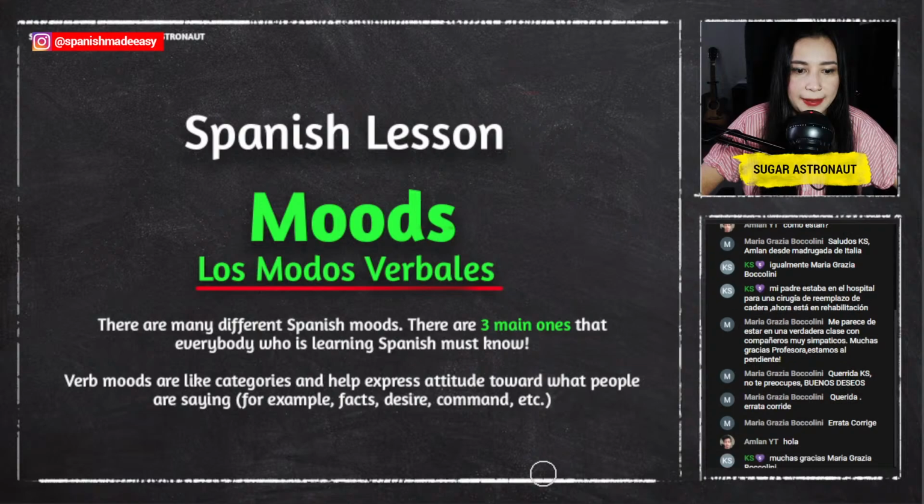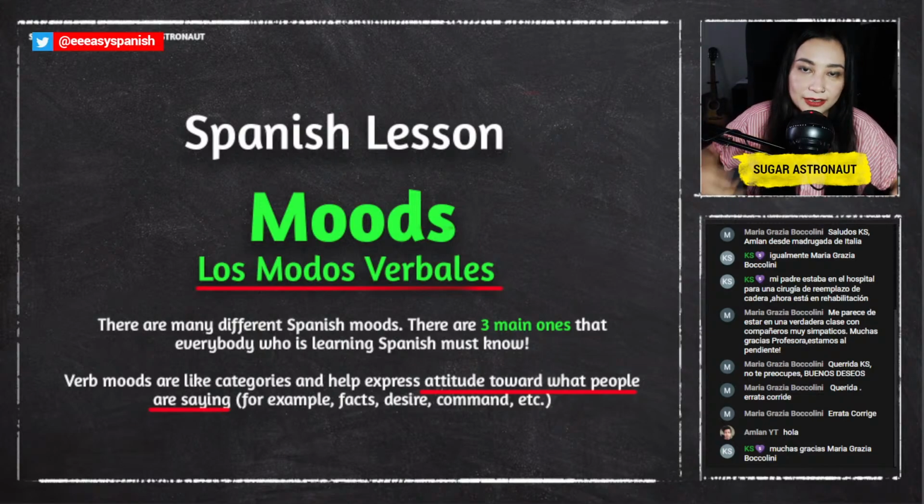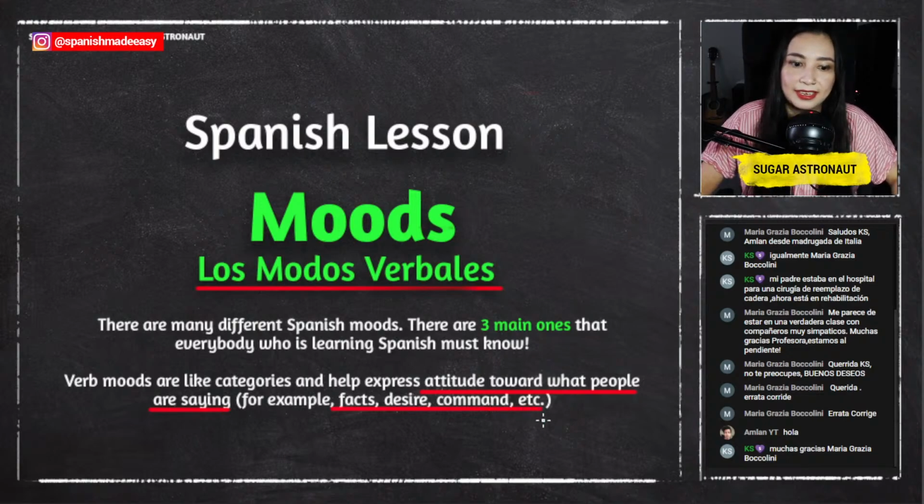So, do you know what verb moods are? What are we talking about? Well, moods are like categories, and they help you express attitude toward what people are saying. So it's pretty much just people's attitude when they speak. For example, we could be expressing facts, desire, or commands, okay?